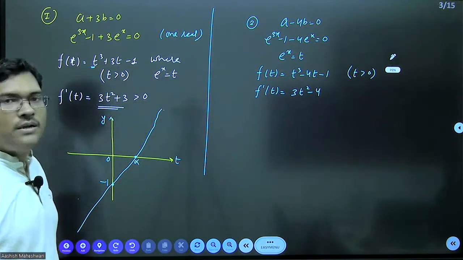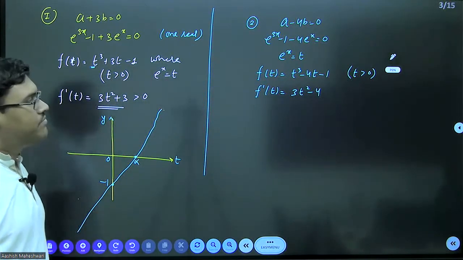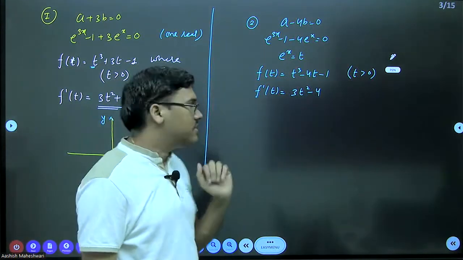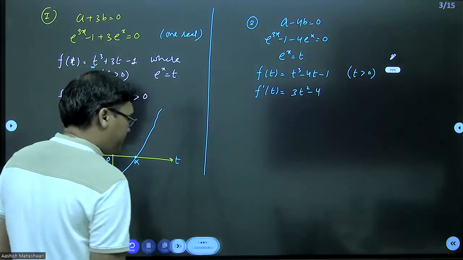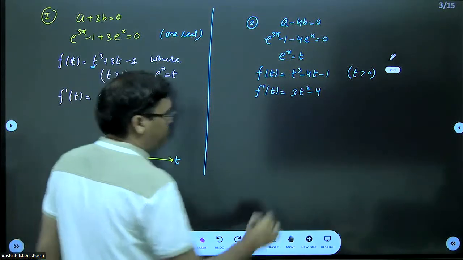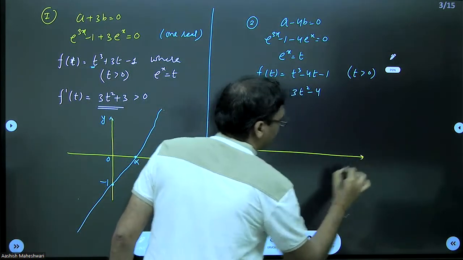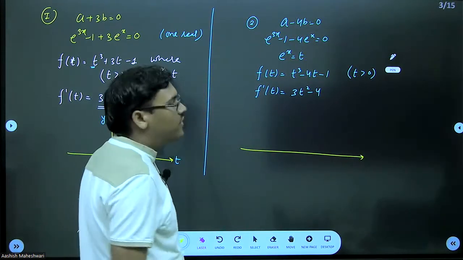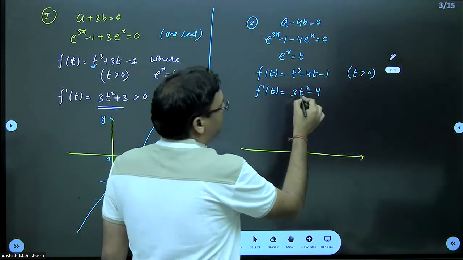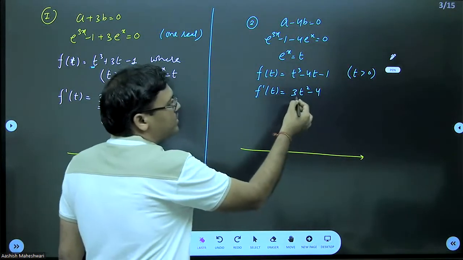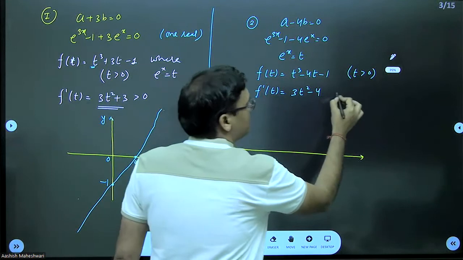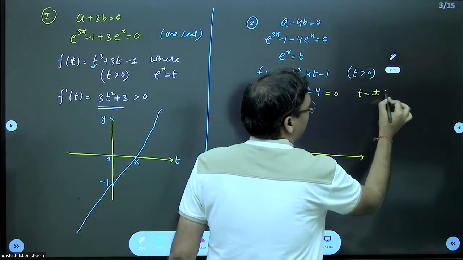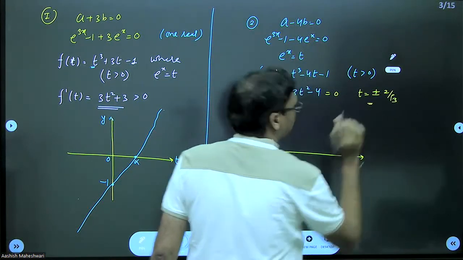Now if I want to draw the graph of this, this f dash t is 0 at 2 points, at t equal to plus or minus 2 by root 3. You can check this, right?